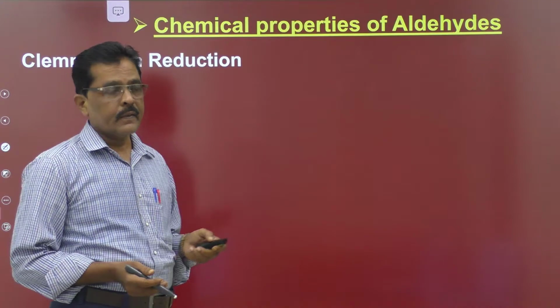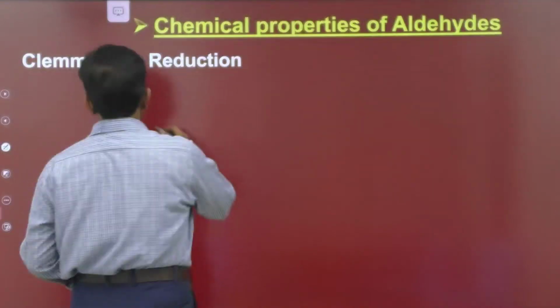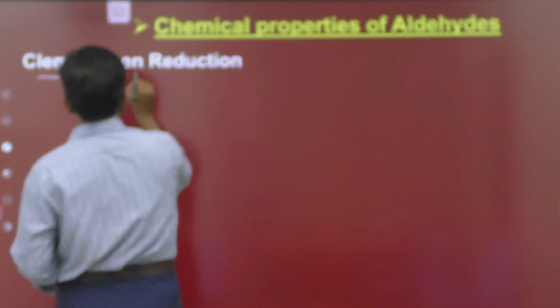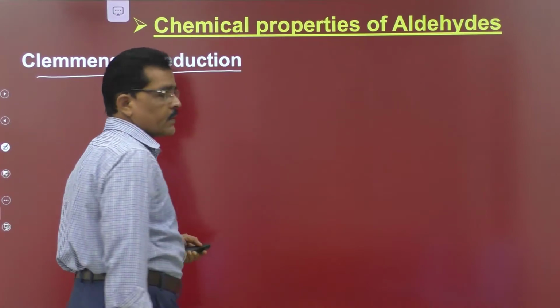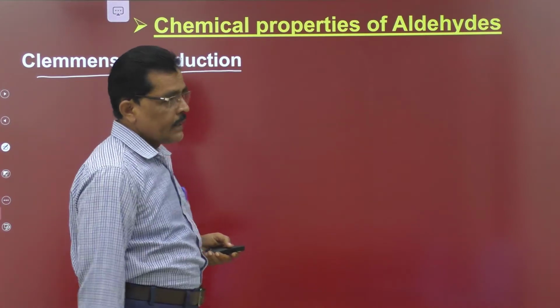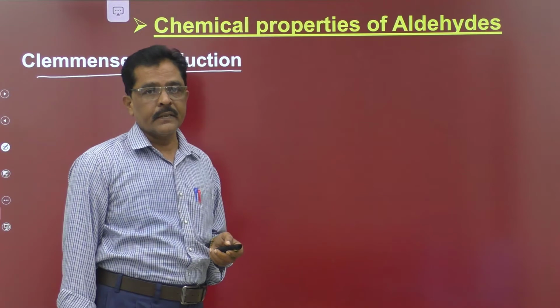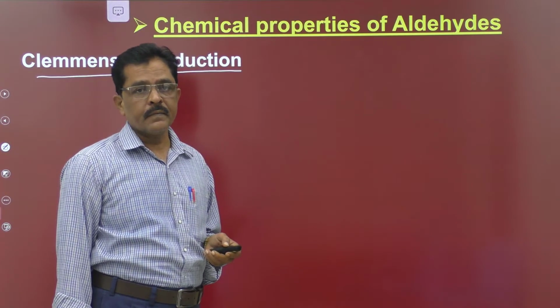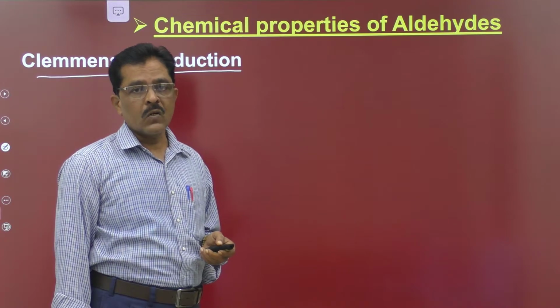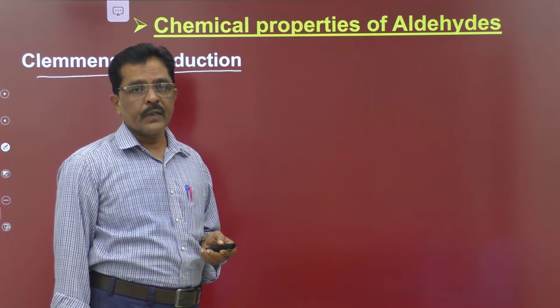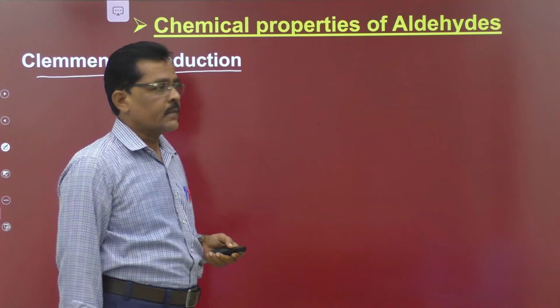Then we have to discuss the Clemmensen reduction. Clemmensen reduction means aldehydes are heated with amalgamated zinc and concentrated HCl to give alkanes.